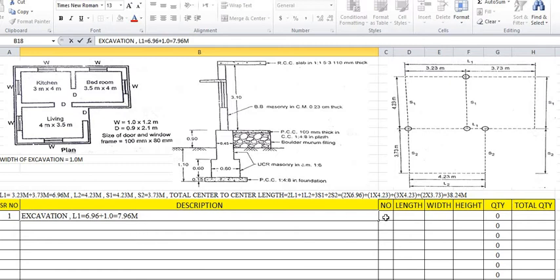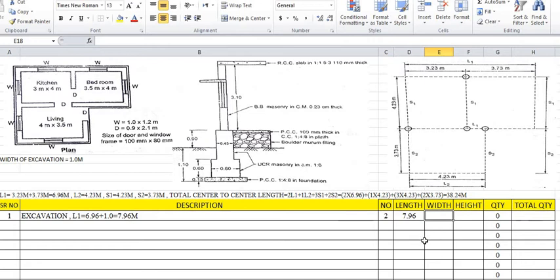How many numbers of long wall are there? L1 we are considering as 2 numbers. What is the length? We have calculated just now the length as 7.96. What is the width of that section?